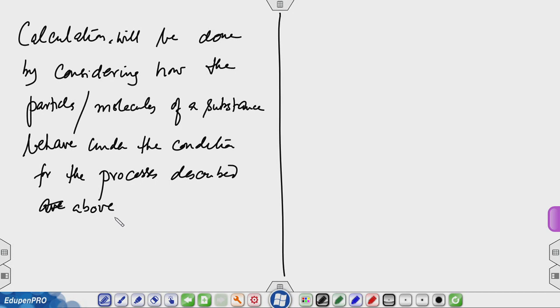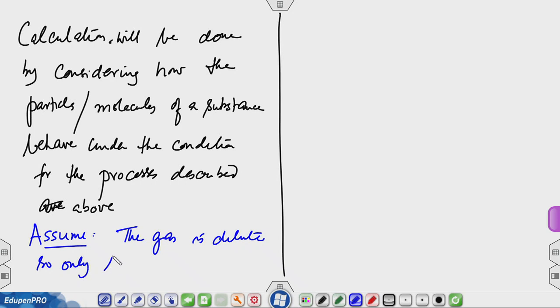And we'll be doing these calculations under certain assumptions. So we'll assume that the gas we are considering is dilute, so only two molecule collisions are considered.